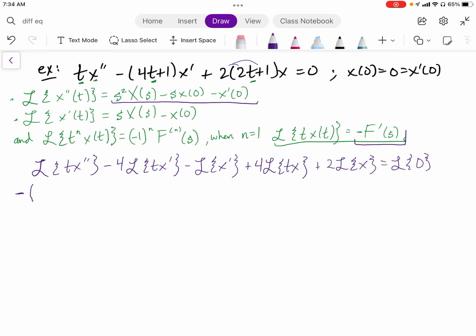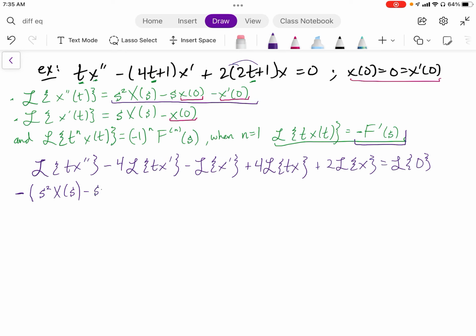We had s squared x of s minus, the last two terms are going to be 0. I'm going to write it as a placeholder, right? But in this problem, very convenient that both of those terms are 0, right? And this one as well.